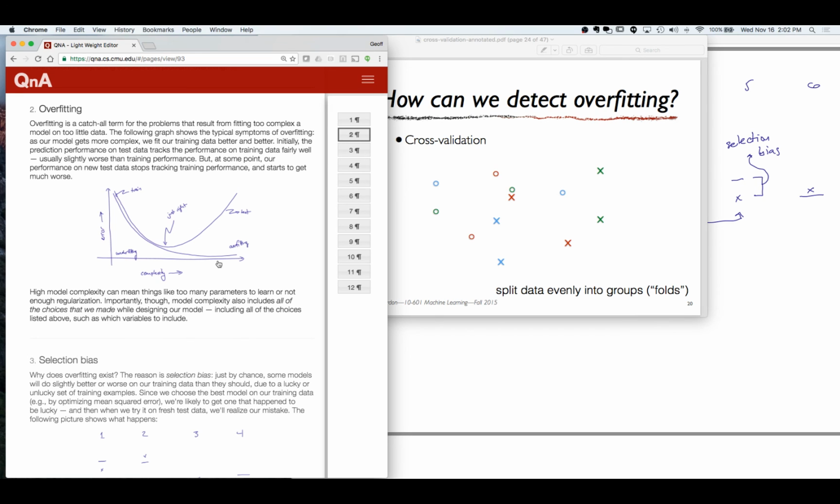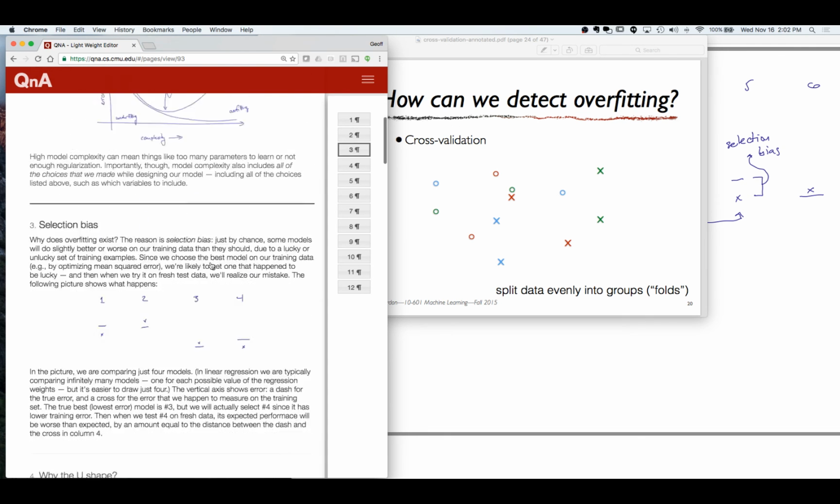For example, one measure of complexity would be how strong a ridge term we add in ridge regression. If we have a large ridge term, we have a simple model because we're fairly stable, and if we have a small ridge term, then the model is less stable, and it responds very strongly to the training data.